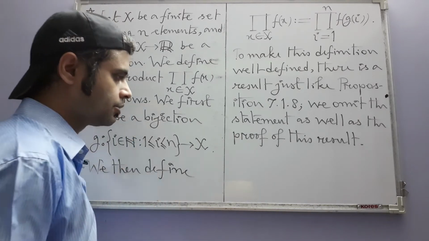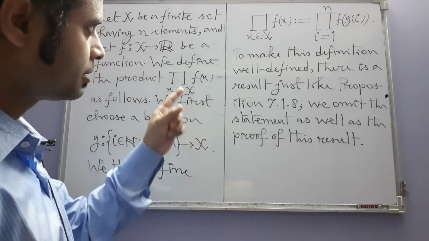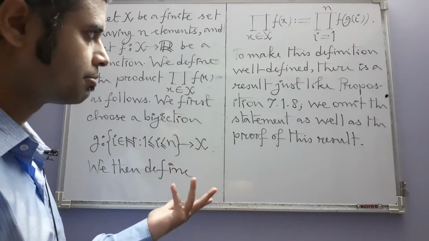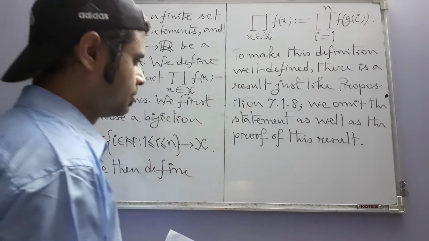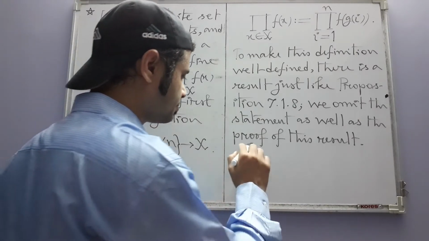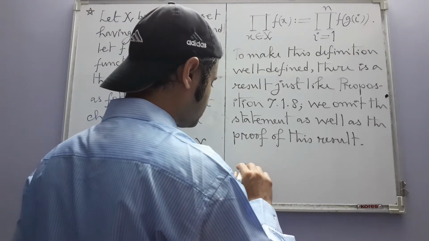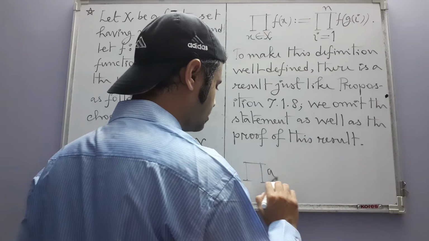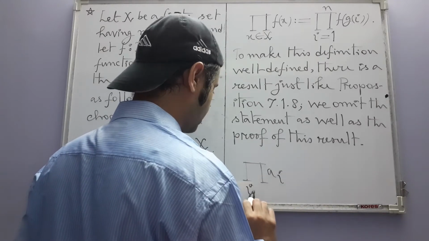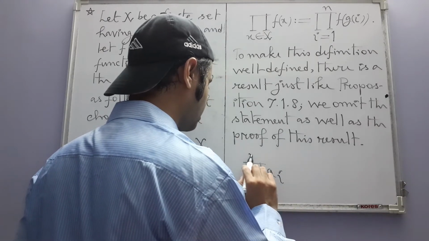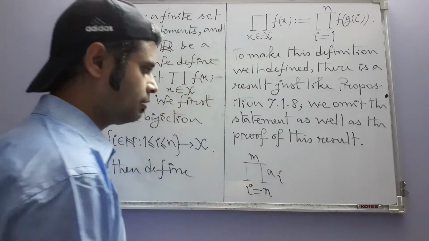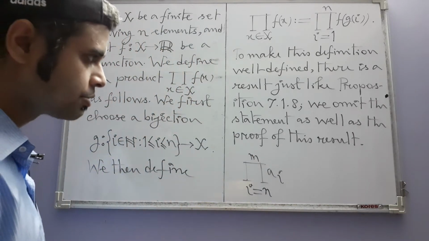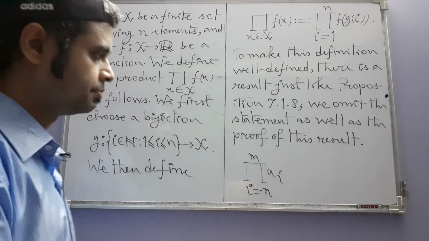So now we are going to state the basic properties of this type of products, which will correspond to similar properties for sums. And if you remember, while stating the properties of finite products of real numbers, we called that result 1. So here we are going to name this one result 2.